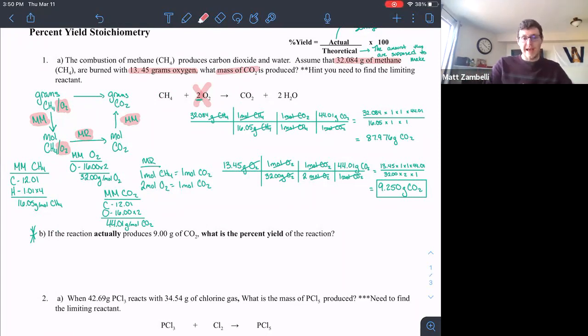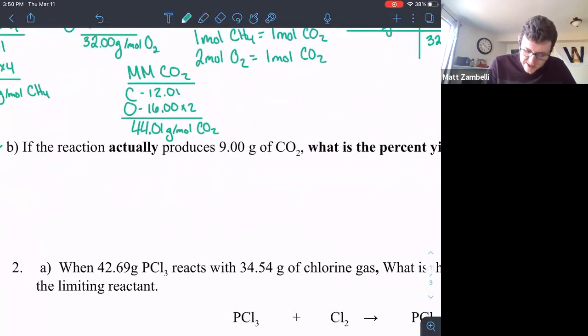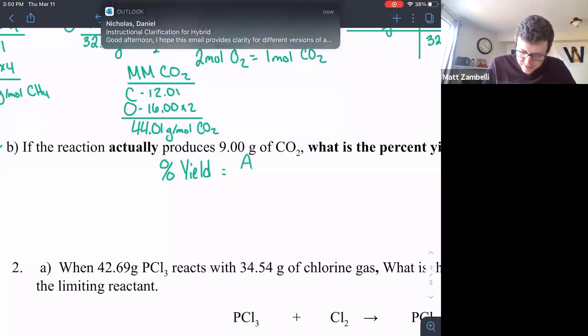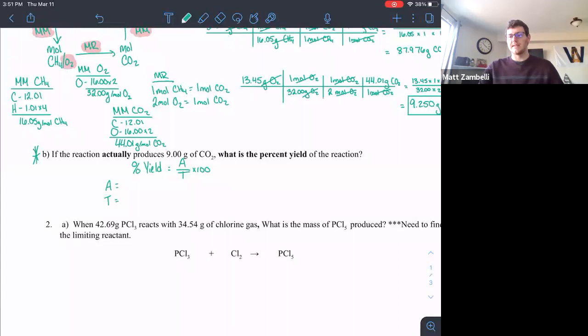Now for the new part, that percent yield stuff. So we know the percent yield equation, so percent yield, which it says above, is our actual yield divided by our theoretical yield multiplied by 100. Who could tell me what my actual yield is and who can tell me what my theoretical yield is? I want to know both of those numbers. Somebody tell me one of them.